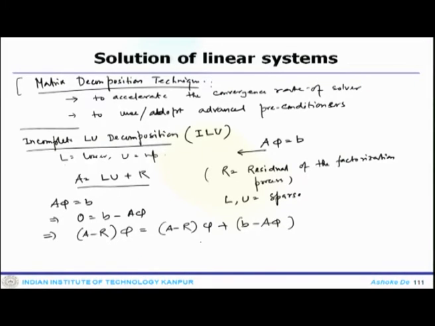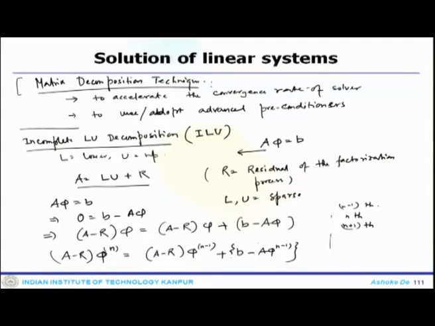Now, if you apply this calculation at different iterative levels, that means nth level, n plus 1th level, n minus 1th level, like that, first, second, third iteration, I can write A minus R phi to the power n equals A minus R phi to the power n minus 1 plus B minus A phi to the power n minus 1. So, that is what I get.